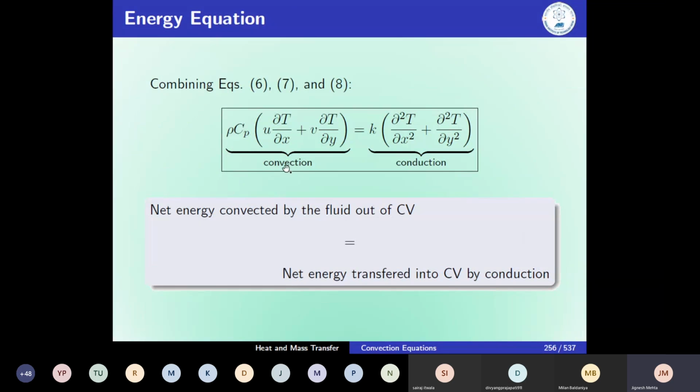So this is the heat entering by convection, meaning along with the mass into the control volume, and this is the net rate of change of convection, and this is the net rate of change of energy of the system because of conduction. So they should equate with each other, right? They should balance each other, because there is no accumulation of energy. Now again, many times this d squared T by dx squared is small compared to this one, so it may be dropped.